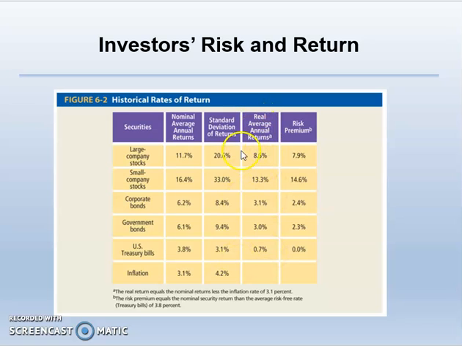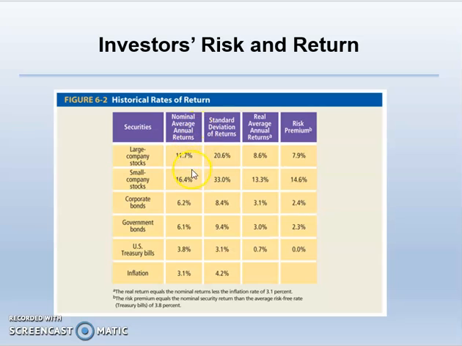Real returns. So now what we want to do is take these annual returns and subtract out inflation. And here's what we get. Okay? Now, again, higher risk, higher return, higher real returns. Risk premium is the amount that gets paid in interest, or the return that we get over the risk-free rate of return.